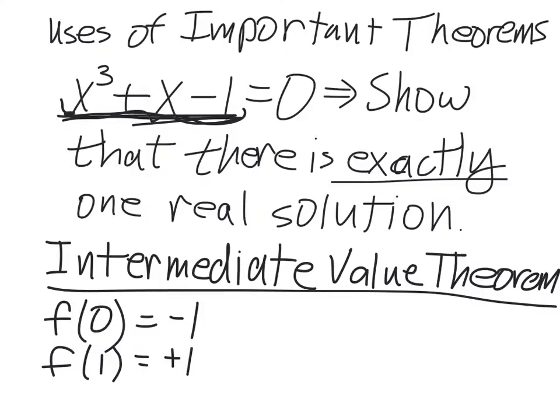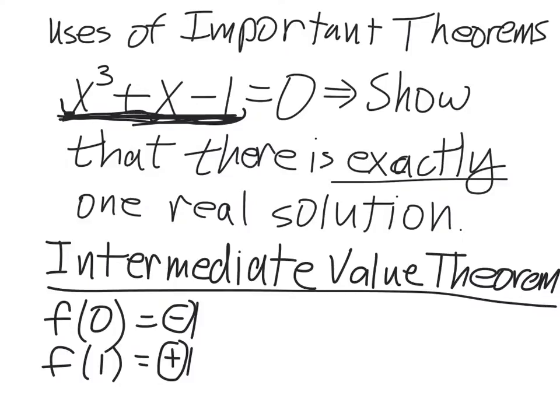And because f of 0 turns out to be negative, and f of 1 turns out to be positive, then we are guaranteed, well, one other condition on this, our function must be continuous, which a cubic polynomial will be continuous.